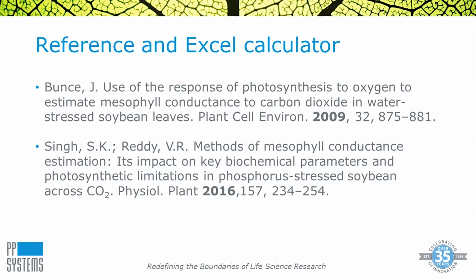So if you're trying to get a mesophyll conductance estimate at higher levels of CI, then you have to go back to trial and error, swapping in and out mesophyll conductance values and recalculating the assimilation rates with the model at 21% and 2% until those two estimates agree with each other.